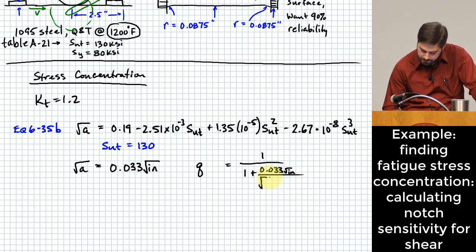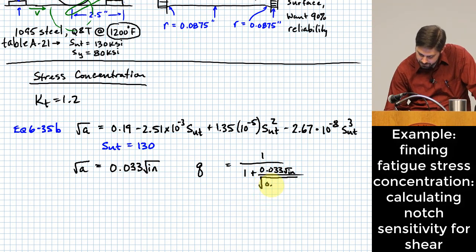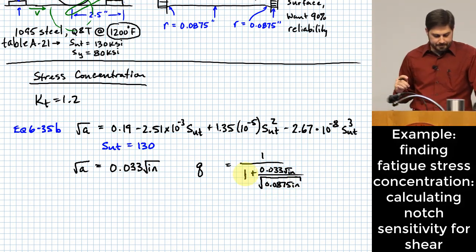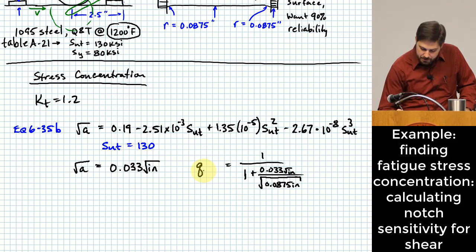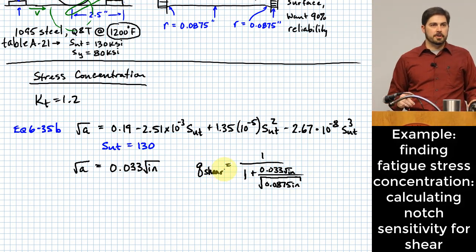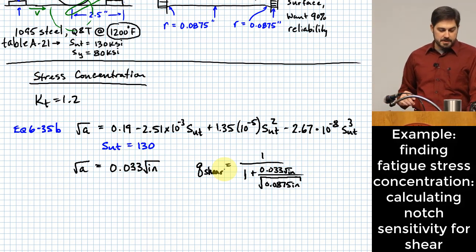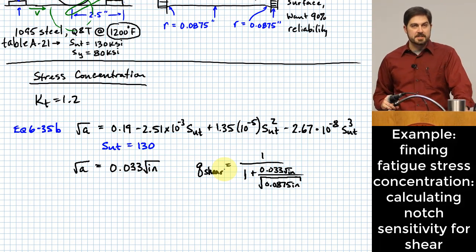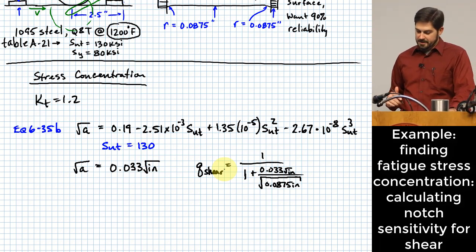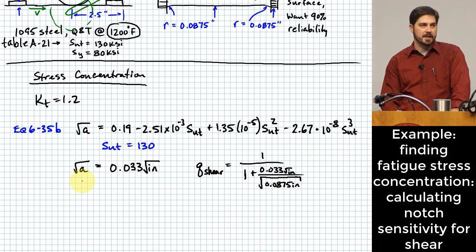The square root of the radius value, and the radius value is 0.0875. I'm going to call this Q sub shear. That's the notation they use in the book when we are dealing with this Q. And the reason it's different is because we had a different equation for that Neuber constant. That's where the difference arises from.